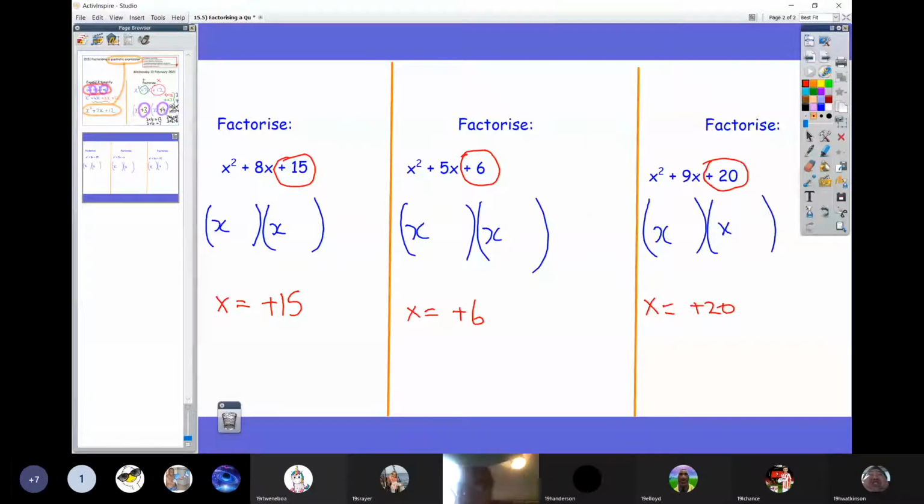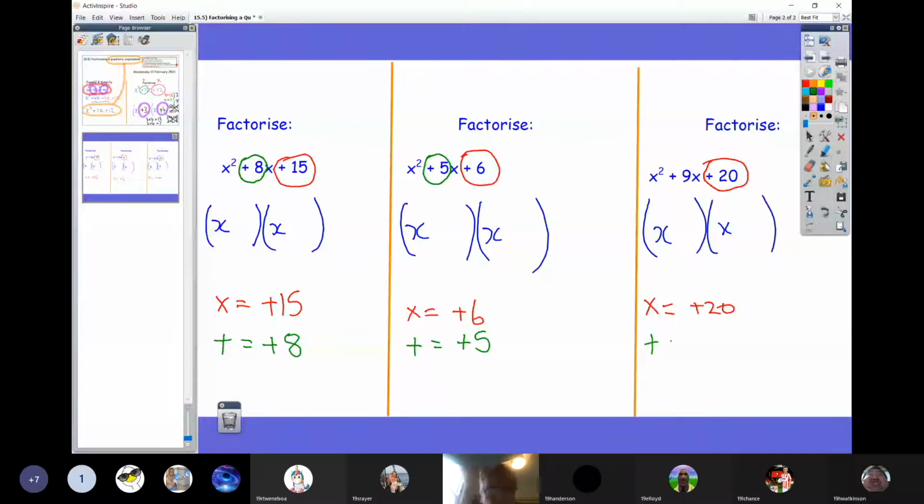My second condition is that when I add them, they have to be the coefficient of x, the number in front of the x. So with that first example, they've got to be plus 8. On the second example, my magic numbers have to add to be plus 5. And on that third example, they've got to add to be the plus 9.